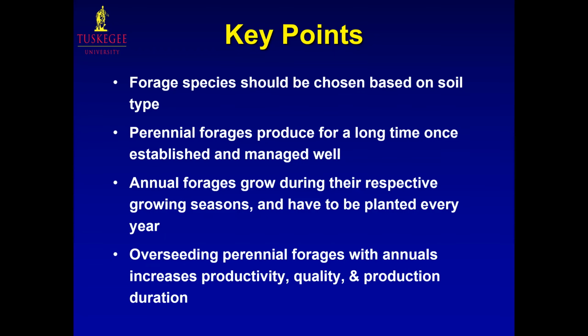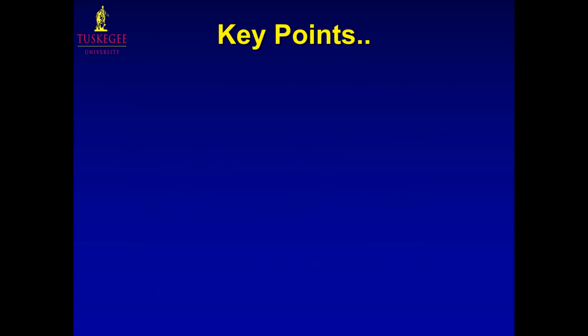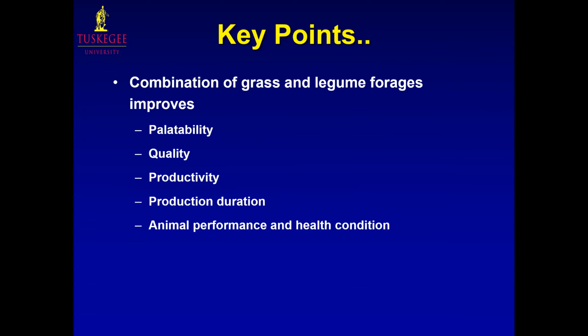And overseeding perennial forages with annuals increases productivity, quality, as well as the production duration. And a combination of grass and legume forages improves the palatability for animals, the quality of the forages, productivity, as well as the production duration. Because of all these, animal performance and health condition will be improved.